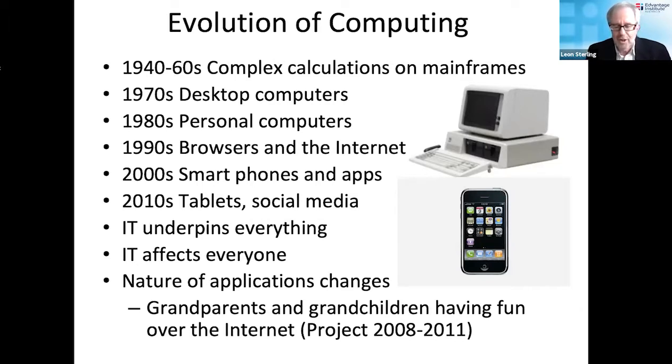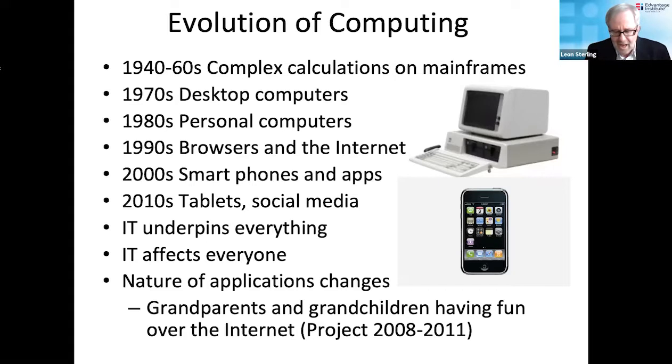Those early computers were big, big computers, and they did calculations for business and for defense purposes. And slowly you went away from very big computers to much more personal ones. In the 1970s, there were computers on desktops.